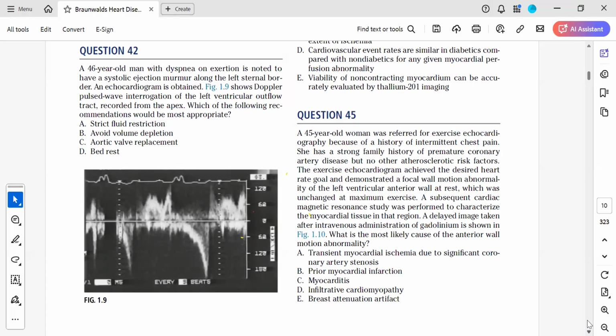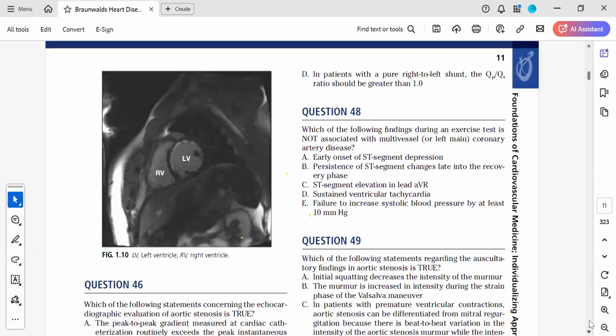A subsequent cardiac magnetic resonance study was performed to characterize the myocardial tissue in that region. A delayed image taken after intravenous administration of gadolinium is shown in figure 1.10. What is the most likely cause of the anterior wall motion abnormality?